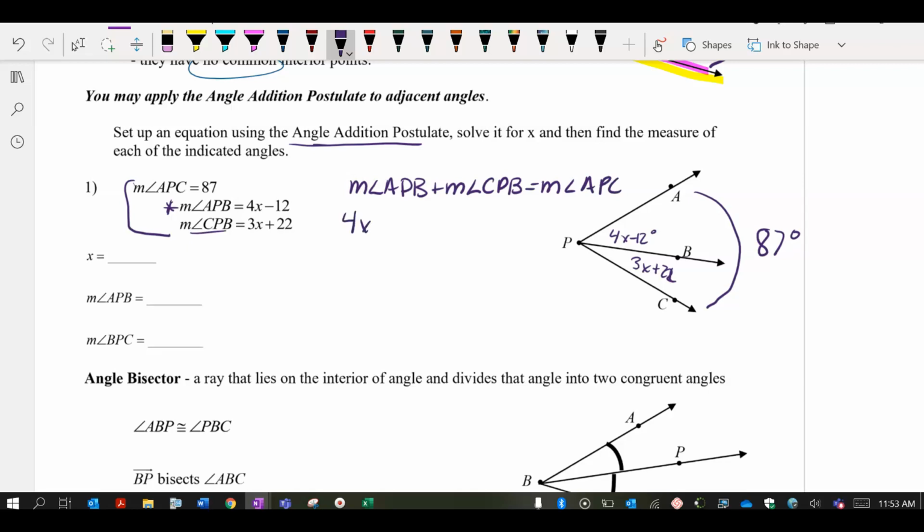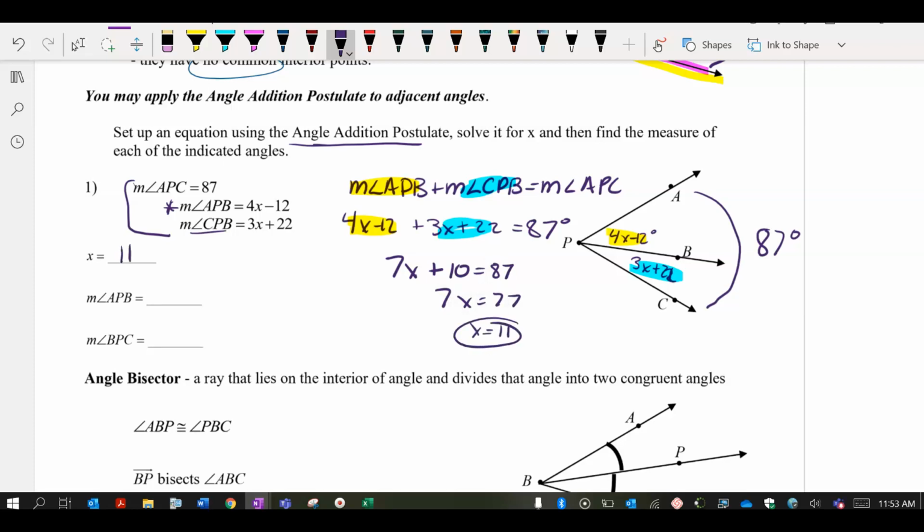So we have 4x minus 12 plus 3x plus 22, taking this angle here and this one over here. The whole thing is going to be equal to 87 degrees. We're going to solve. Here we will have 7x plus 10 equals 87, 7x equals 77, x equals 11.